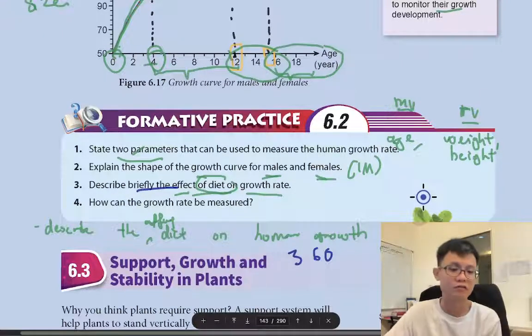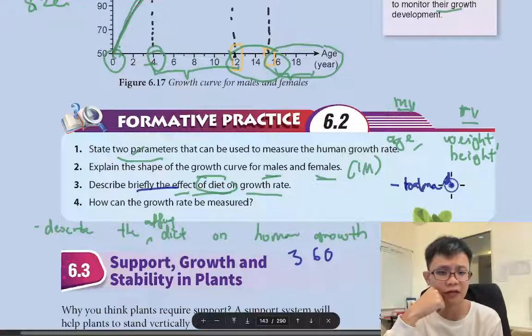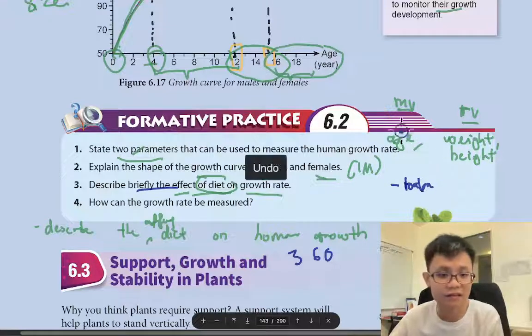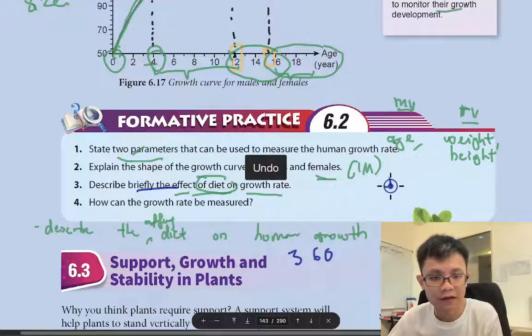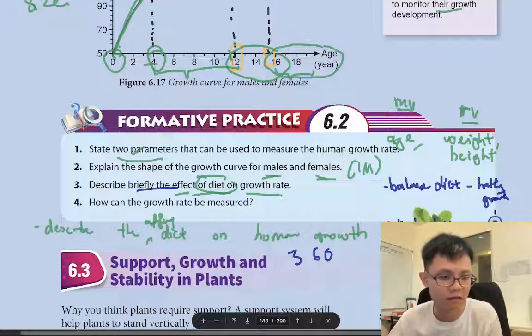So maybe I want to just say a few things. Maybe I want to talk about balanced diet to ensure healthy growth. Many things we can write. Actually, I also don't know what to write. Why is my handwriting like this? Okay, balanced diet, healthy growth, and then we'll talk about malnutrition, like slow growth.